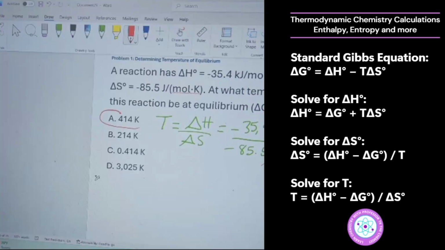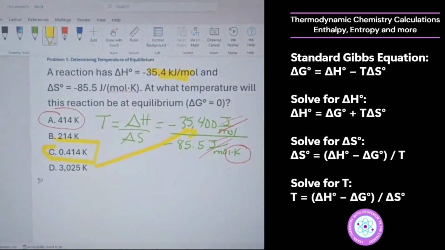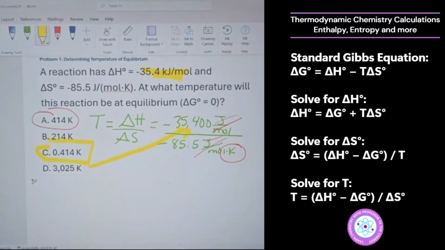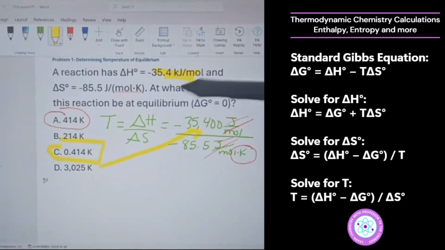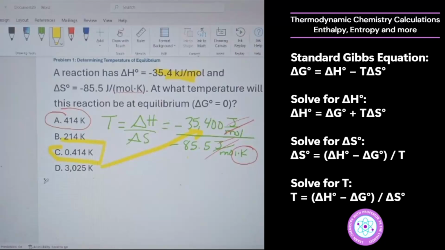414 Kelvin, letter A. But look, letter C is on here too. If you did not convert your kilojoules to joules, then you would see how letter C is on there as well. So this is what you guys got to keep in mind, okay? You make sure that the units are the same.